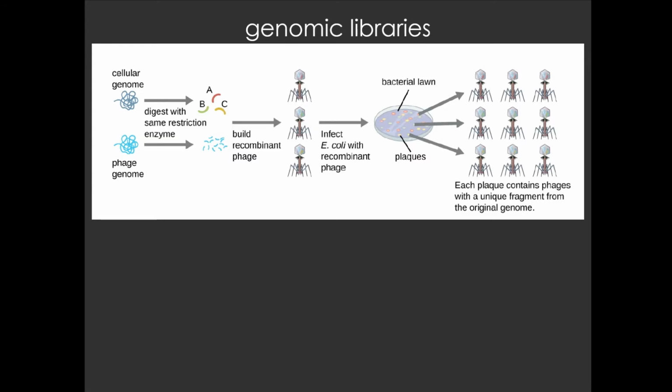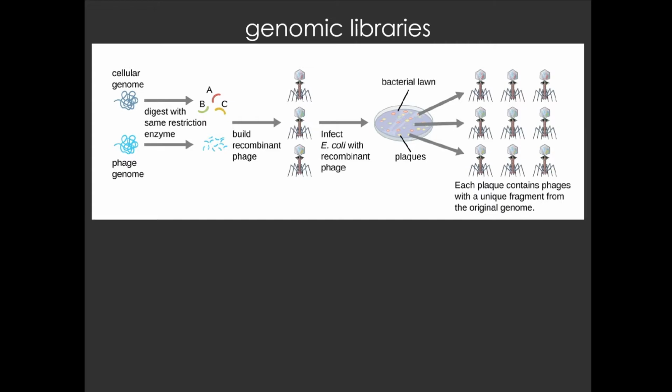So on the heels of that, the idea of utilizing a virus as a genomic library can be done very similarly to the way that we talked about it with housing genetics inside of bacterial cells. And this sometimes is a nicer way of doing that because it's sometimes a little easier to store plaques than it is bacteria. And it begins in the same way. You digest the genome of whatever organism you want to create a library for with a restriction enzyme. You build these phages that have this cellular genome fragment inside of them.